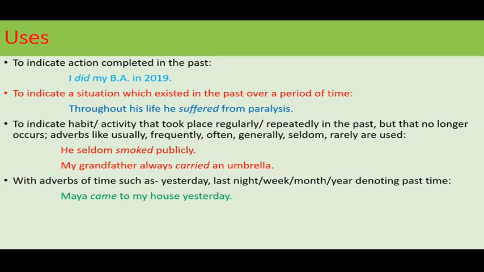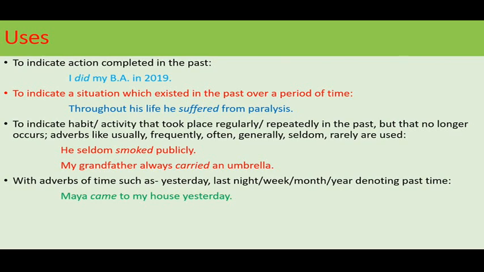Now, what are the uses of the past tense? Where do we use it? First use: the simple past tense is used to indicate action completed in the past. For example, I did my BA in 2019. They gave me medication to help me relax.